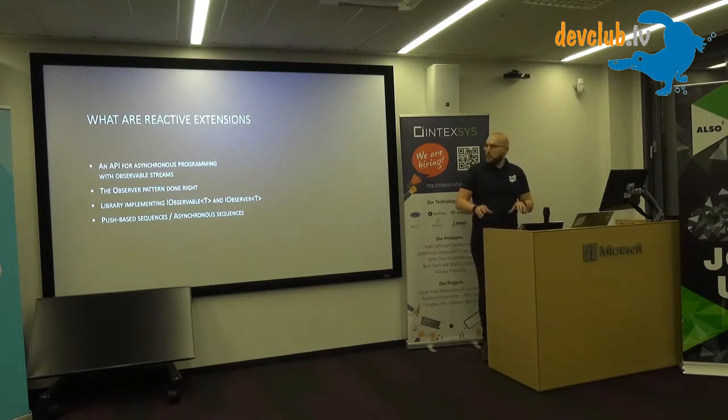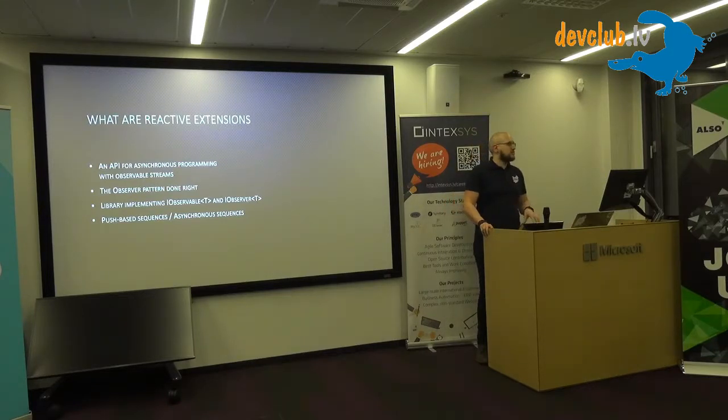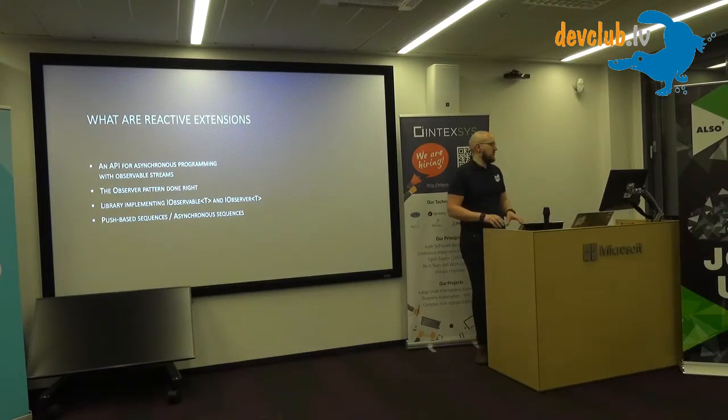If you look under the hood, it's basically just a library implementing two interfaces called IObservable and IObserver, and various utilities around them. And the last one is how I like to think about them. They're basically either push-based sequences or asynchronous sequences.